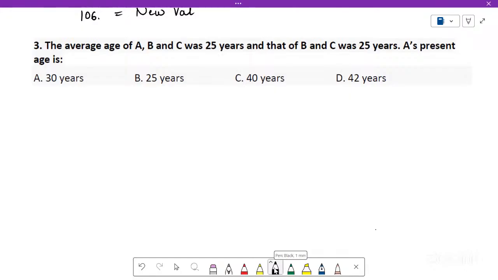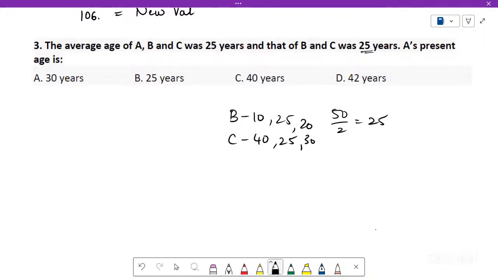It does not mean both of their ages are 25. Together their age is 50. B could be 10 and C 40, so adding gives 50, and 50 by 2 is 25, which is the average. It could also be 25 and 25, then also we get 25 as the average. It could be 20 and 30. Understood everybody?